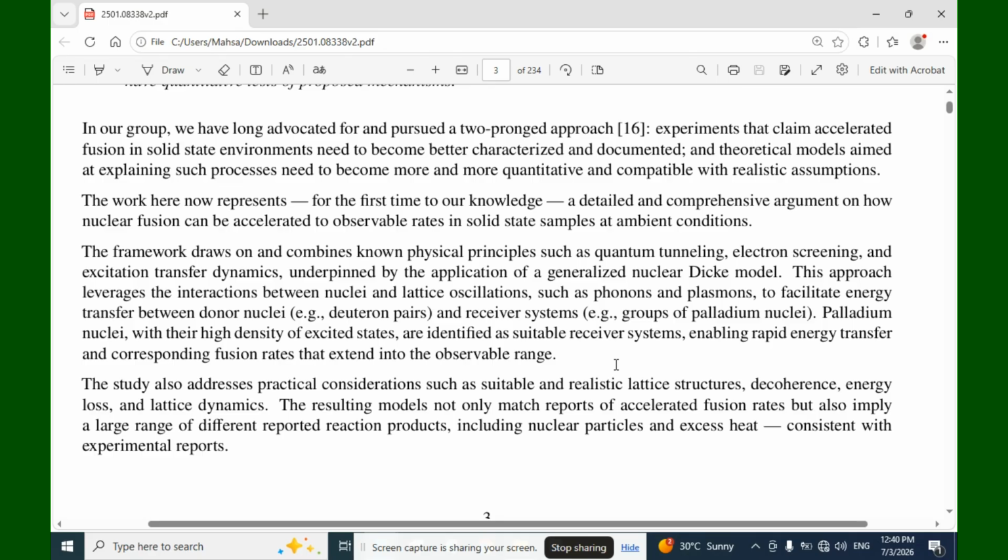This approach leverages the interactions between nuclear and lattice oscillations, such as phonons and plasmons, to facilitate energy transfer between donor nuclei, for example deuteron pairs, and receiver systems, for example groups of palladium nuclei. Palladium nuclei, with their high density of excited states, are identified as suitable receiver systems, enabling rapid energy transfer and corresponding fusion rates that extend into the observable range.